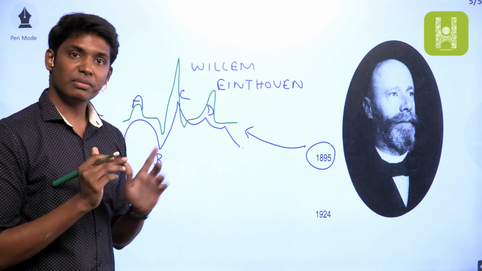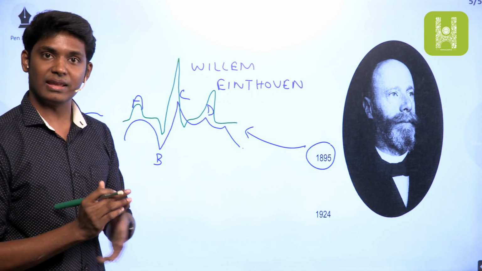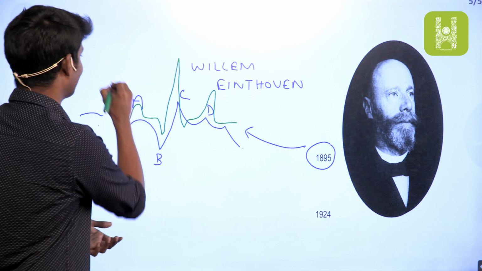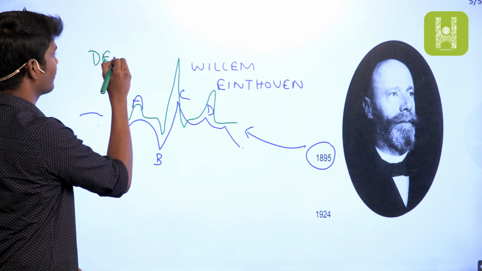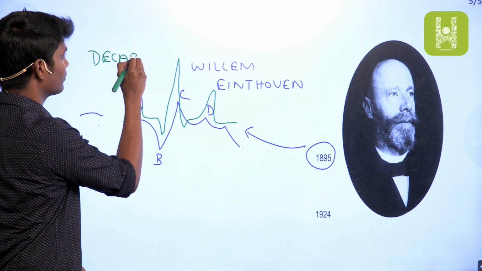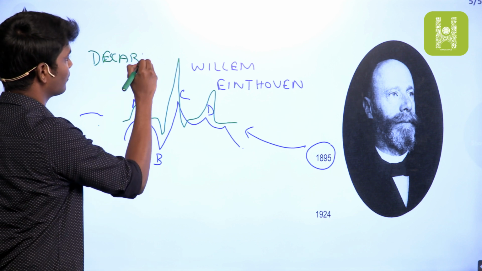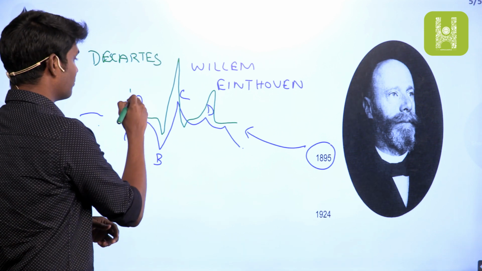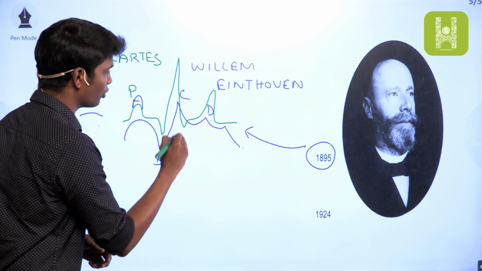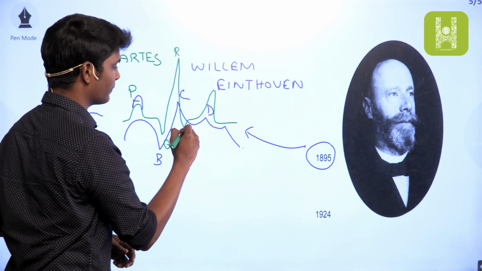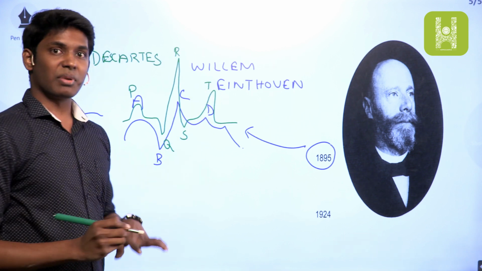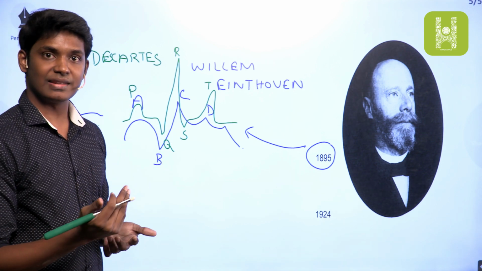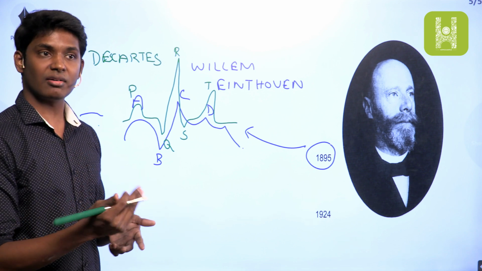He wanted to name these curves as A, B, C, D, and E, but he was actually inspired by a French philosopher and mathematician, Descartes. And he named them as P, Q, R, S, and T, because this particular gentleman, Descartes, actually used the letters P, Q, R, S, T in his equations involving any unknown curve.